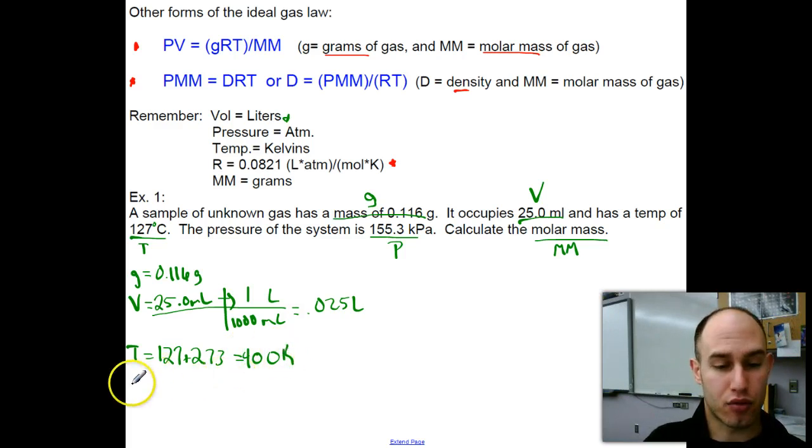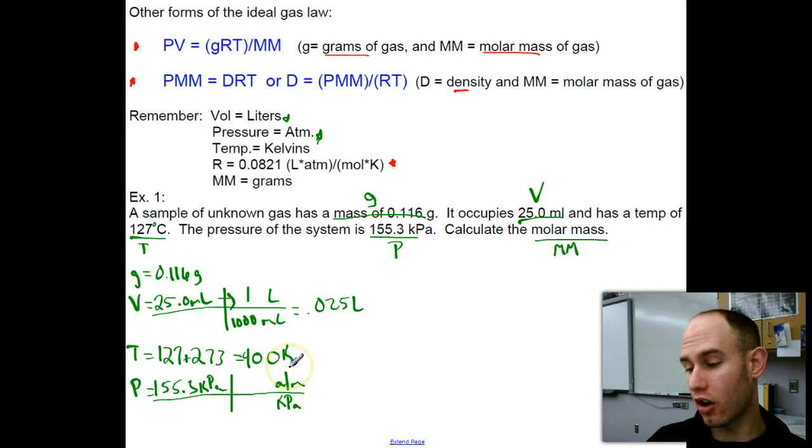and my pressure is 155.3 kPa. Again, all of my pressures need to be in atmospheres, so I need to do another conversion here and convert kPa to atmospheres. This is where your equation card comes in handy.